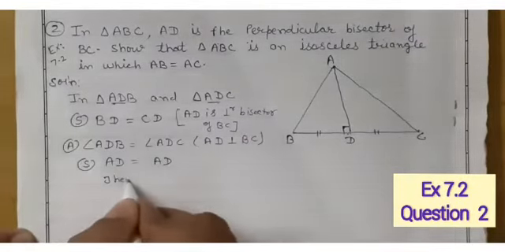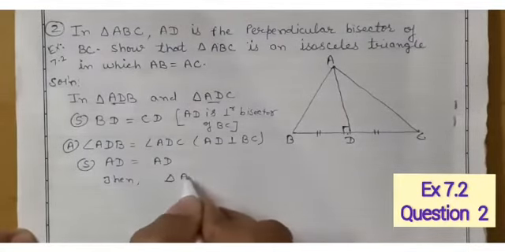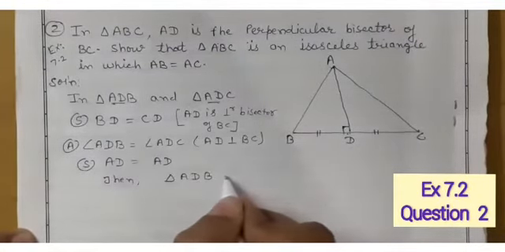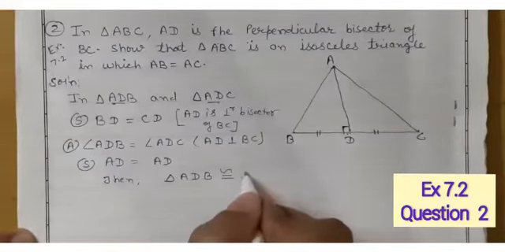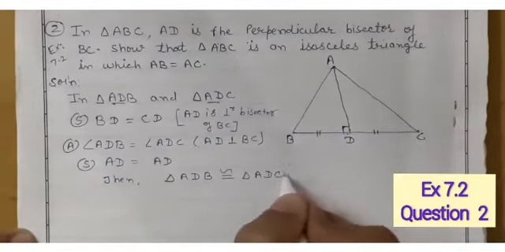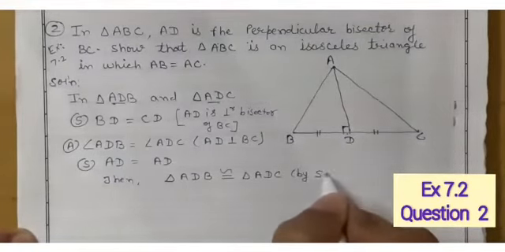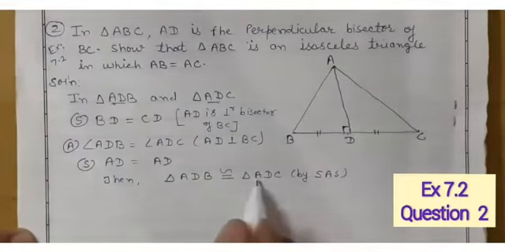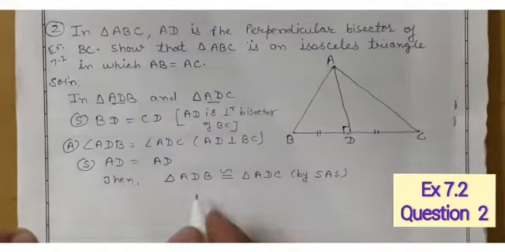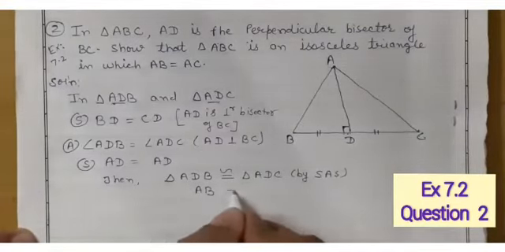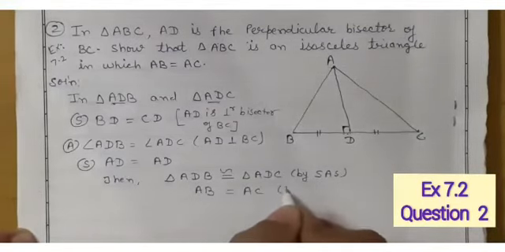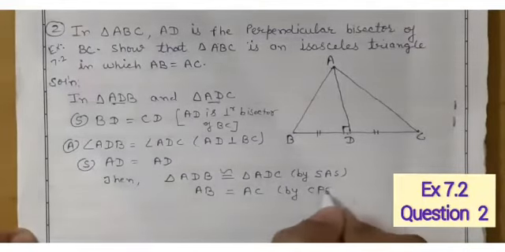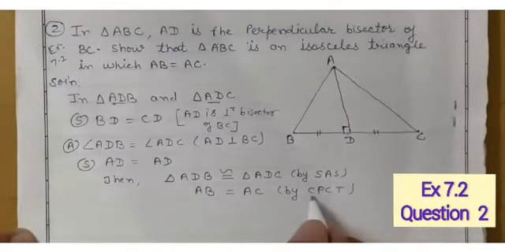Then triangle ADB should be congruent to triangle ADC by SAS rule. If both are congruent, you can say AB equal to AC by CPCT. What is the meaning of CPCT? Corresponding parts of congruent triangles.